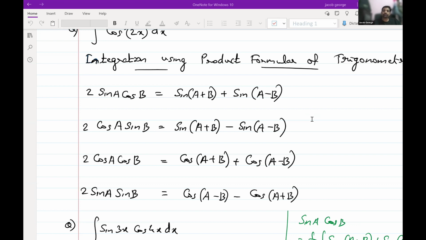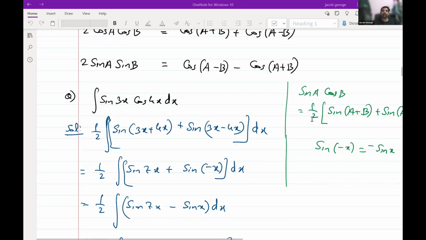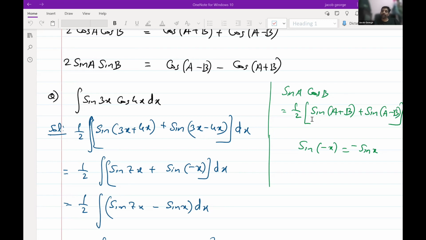Clear? Yes, sir. For example, integral of sin 3x cos 4x dx. We apply the formula for sin A cos B, the first one, by taking half to the right side. Half of sin A plus B plus sin A minus B. That is half of integral sin 3x plus 4x plus sin 3x minus 4x dx, or half of integral sin 7x plus sin of minus x, which is minus sin x.